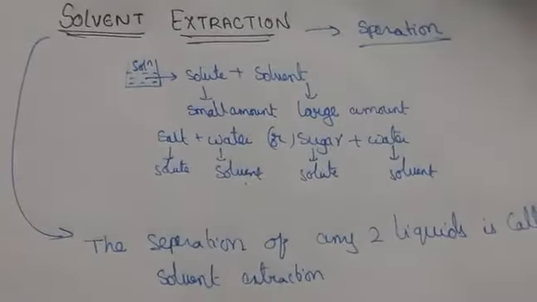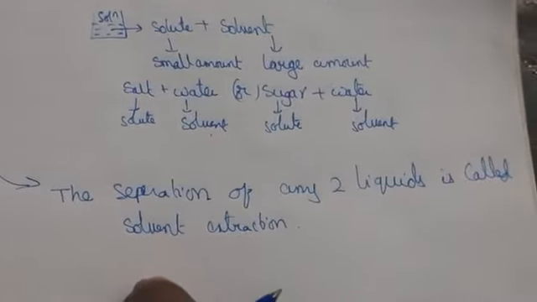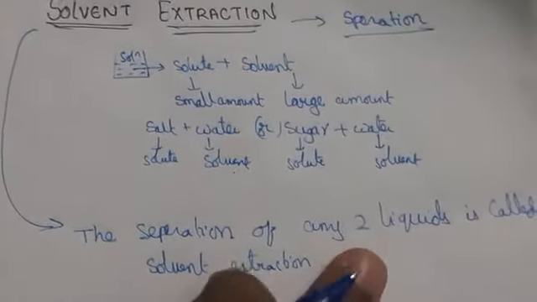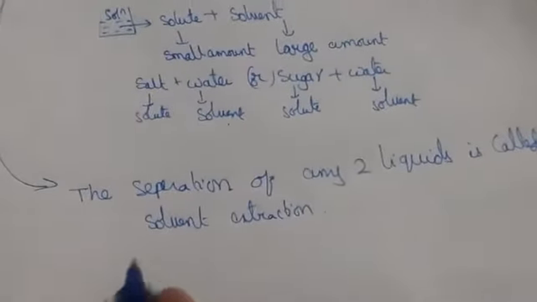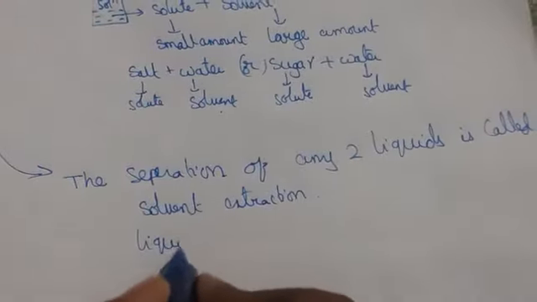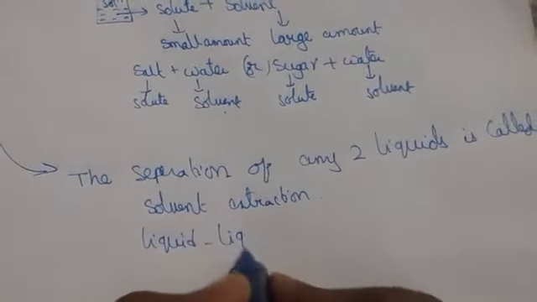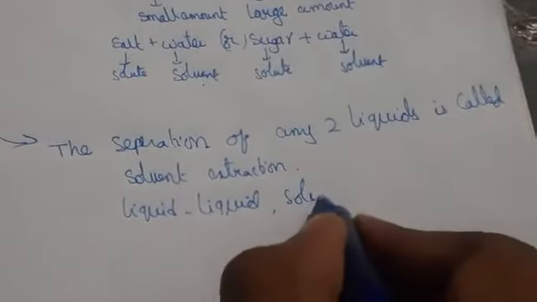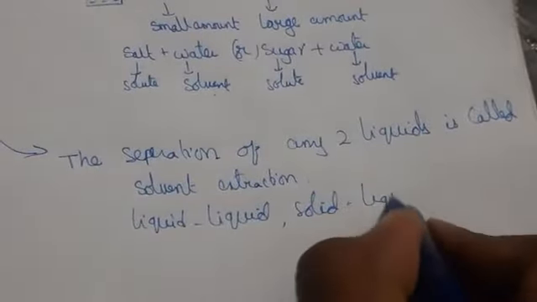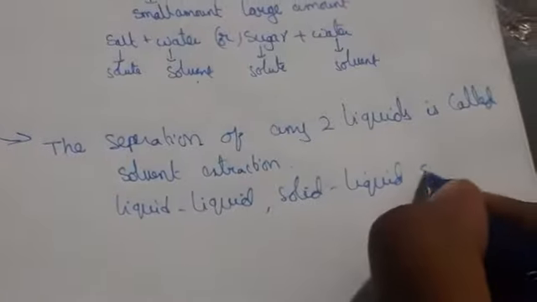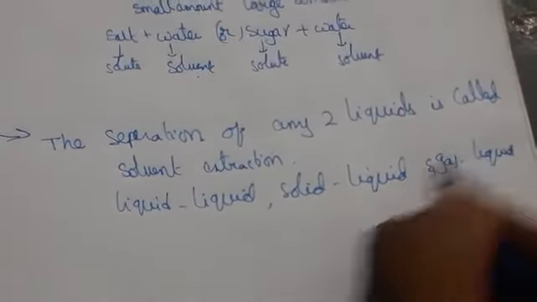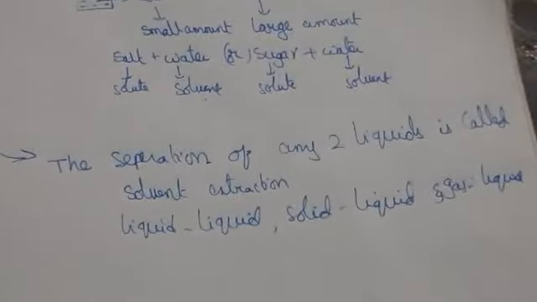So we are going to get one doubt, why we can't separate solid and liquid. So here we can take liquid to liquid, and also solid to liquid and gas to liquid. So these are the things we are having, right?